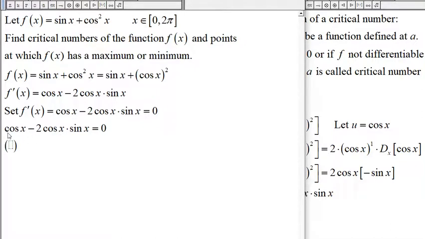So it'll be cosine of x, and then when we factor the cosine of x, 1 is left, and then minus 2 sine of x. And so what this means is cosine of x equal to 0, or 1 minus 2 sine of x is equal to 0.